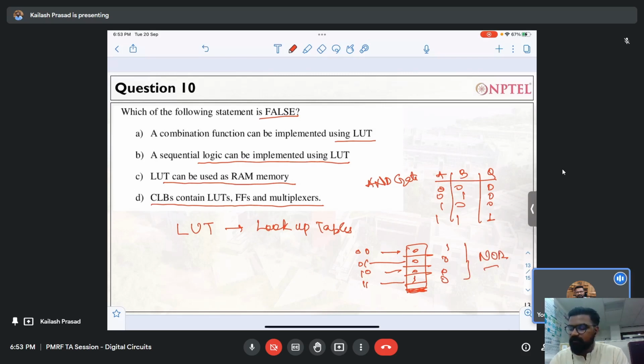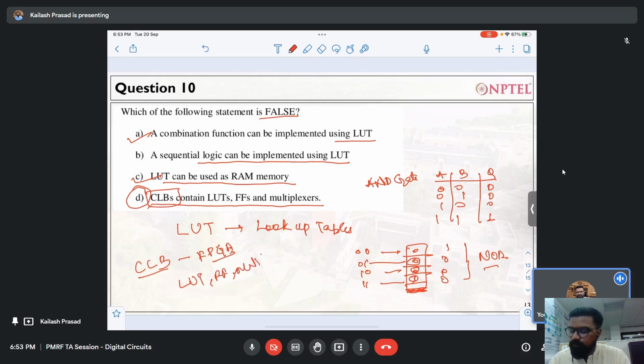So any gate you can implement using a LUT. Any combinational function can be implemented using a lookup table, and you can access any of the data at any moment of time from the lookup table. So it can also be used as a random access memory. Configurable logic blocks, CLB, are often found in hardware called FPGA. They actually contain LUT, flip-flop, and multiplexers, so this is also a true statement.